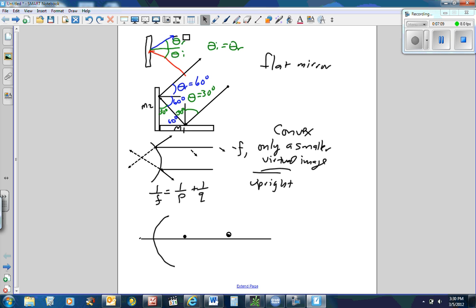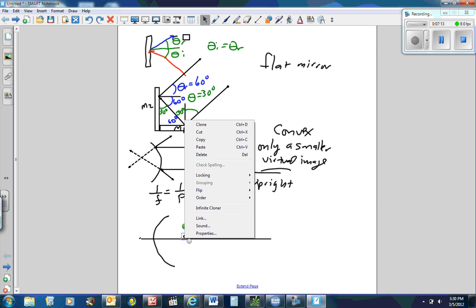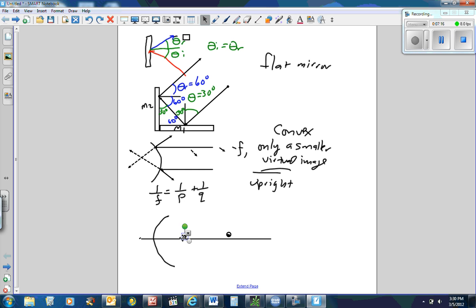Let me get these moved down here. Didn't work very well.